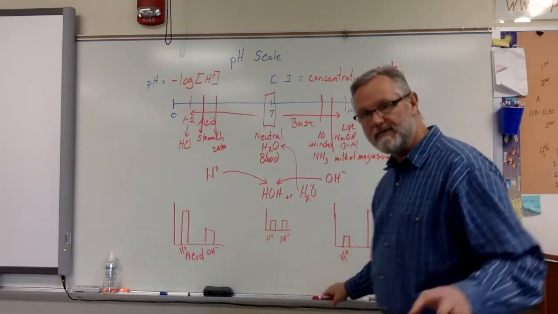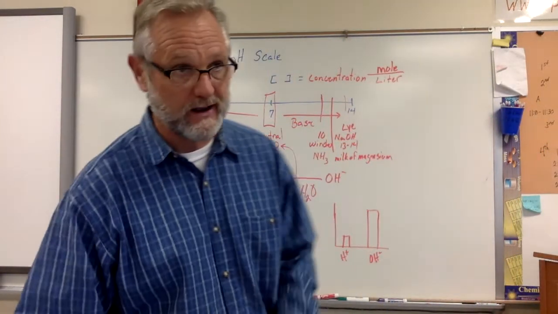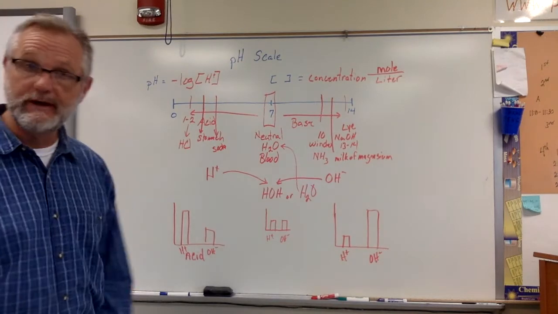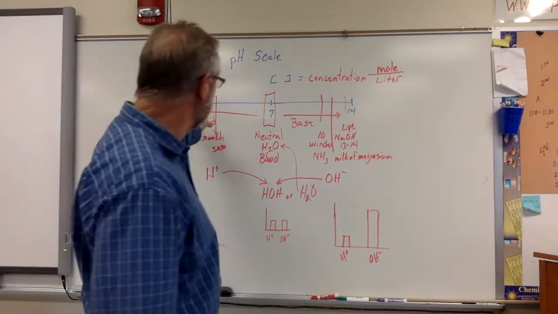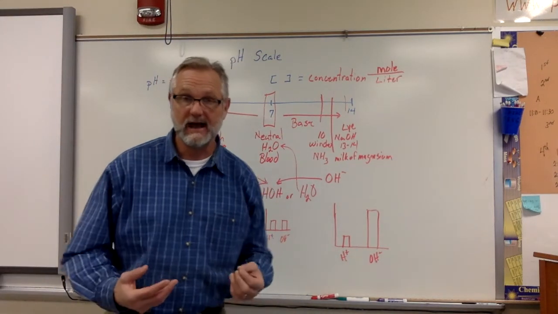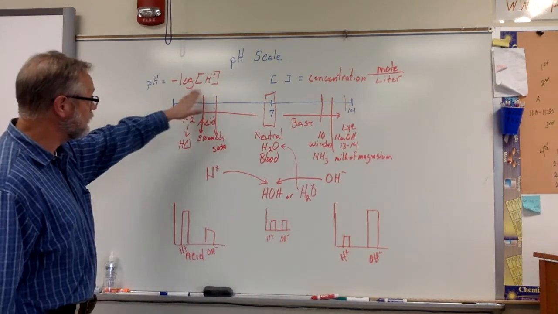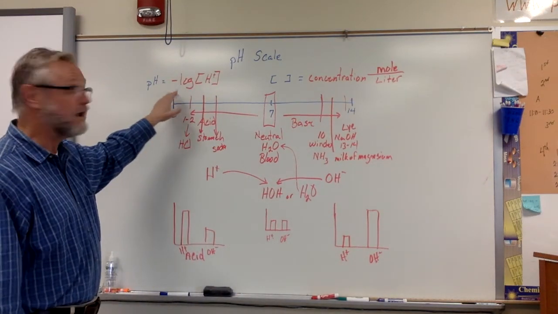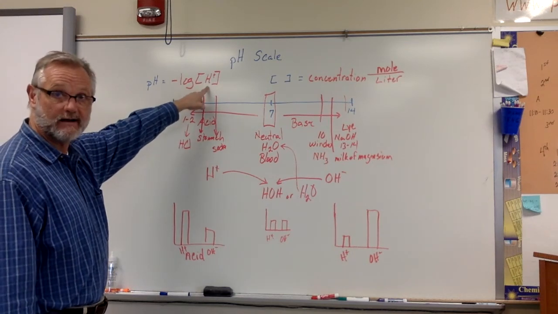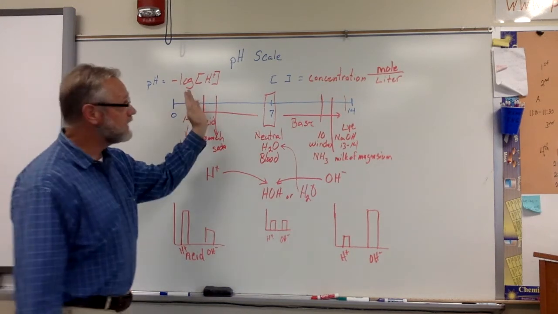So what have I talked about in today's mini lecture? First of all, the pH scale. The pH scale is used to determine if something is classified as an acid or a base. What does pH stand for? It stands for the negative log of the hydrogen ion concentration. What is concentration?